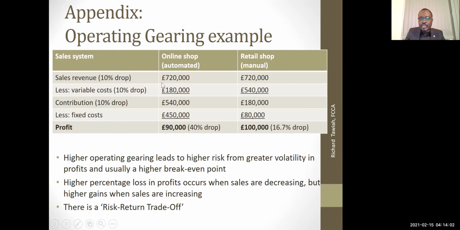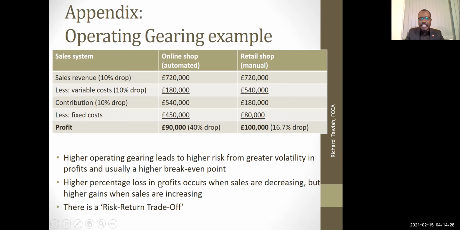Look at the drop. Just because there's a 10% drop in revenue, the profit drops by 40%. But with the manual shop, the 10% drop leads to only a 16.7% drop in profit. So you realize that a higher operating gearing leads to higher risk from greater volatility in profit, and usually a higher break-even point.